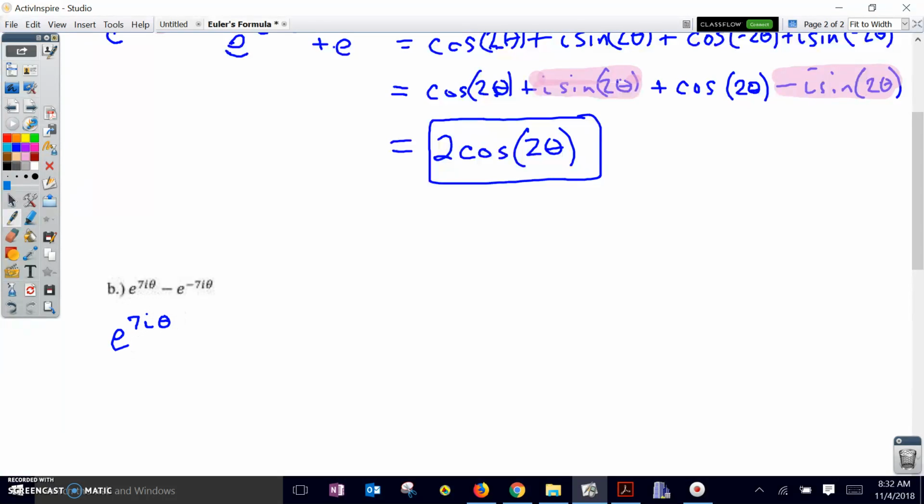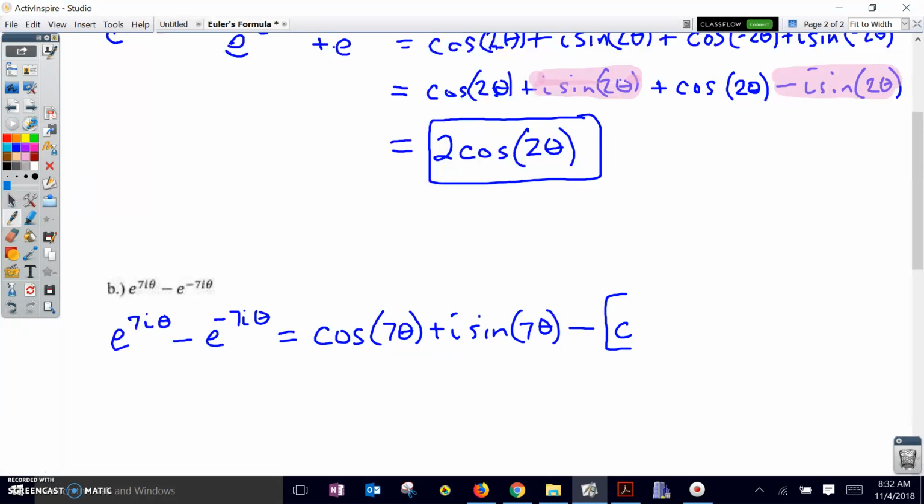Alright, let's go ahead and do the next one. e to the 7i theta minus e to the negative 7i theta. e to the 7i theta is just going to be cosine of 7 theta plus i sine of 7 theta. And then we are subtracting away cosine of negative 7 theta plus i sine of negative 7 theta.